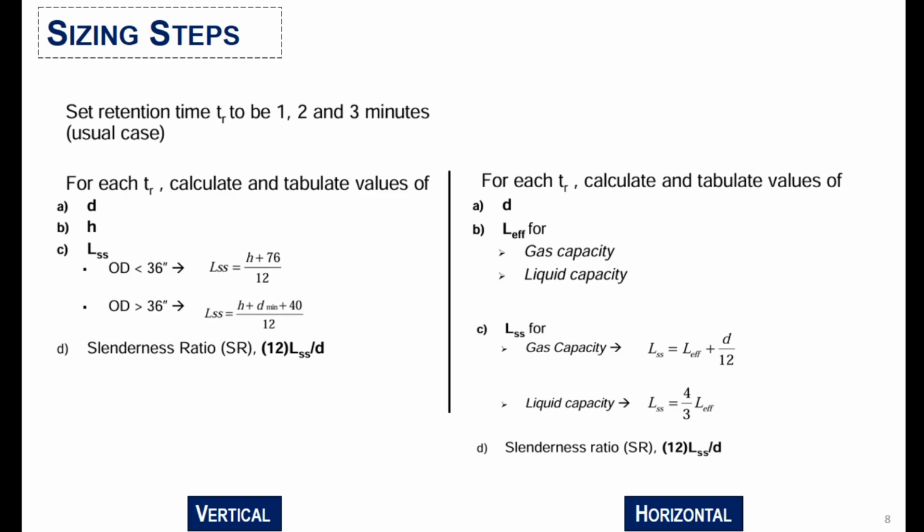But for horizontal separators, we also have to calculate the effective length. Effective length is basically that zone of a horizontal separator where the drag force is overcome by the gravitational force and the droplets start to fall down into the liquid holdup volume.